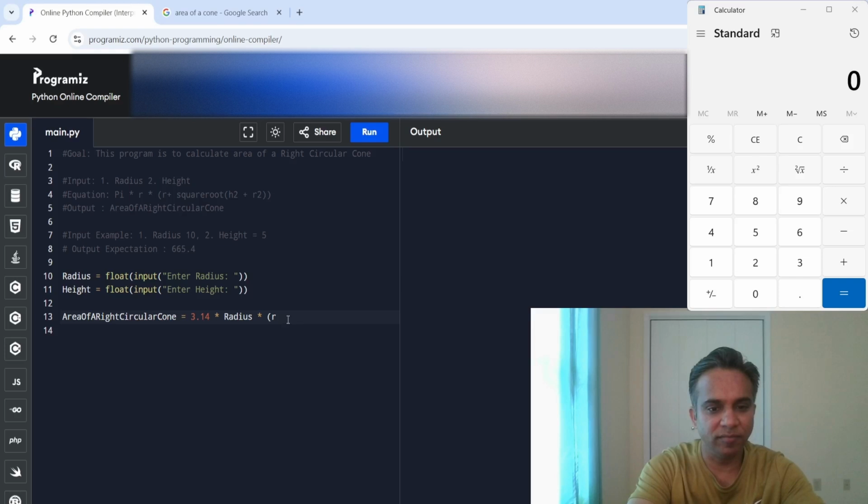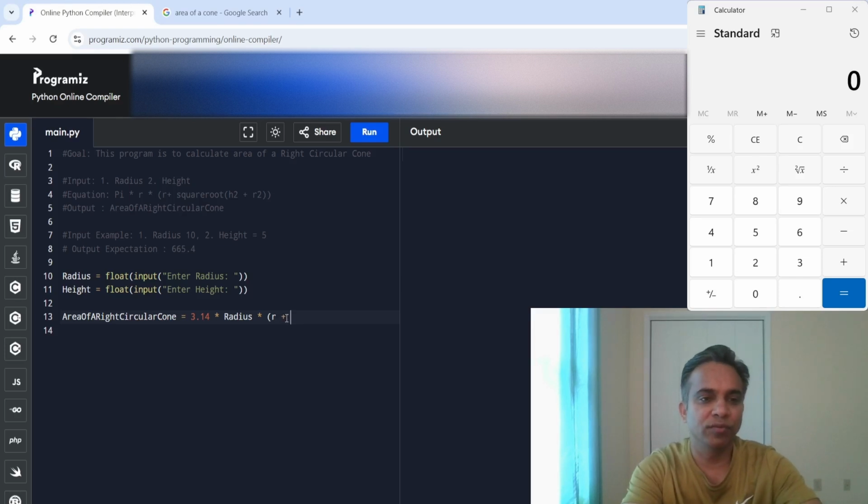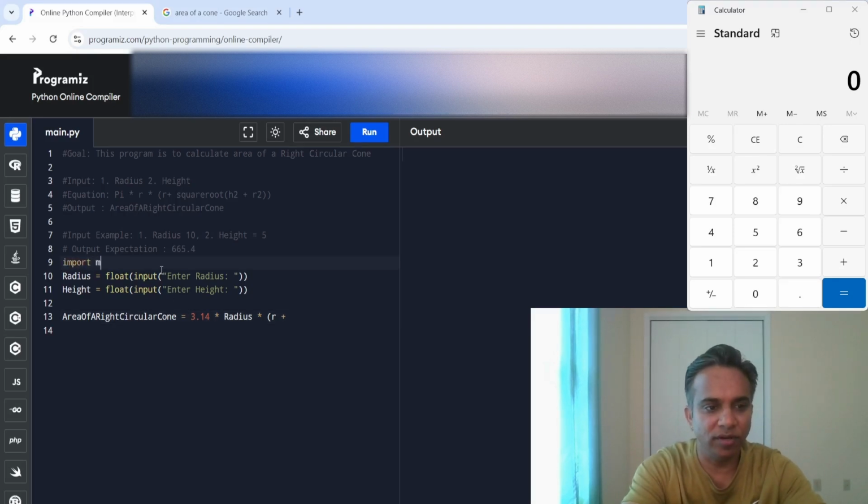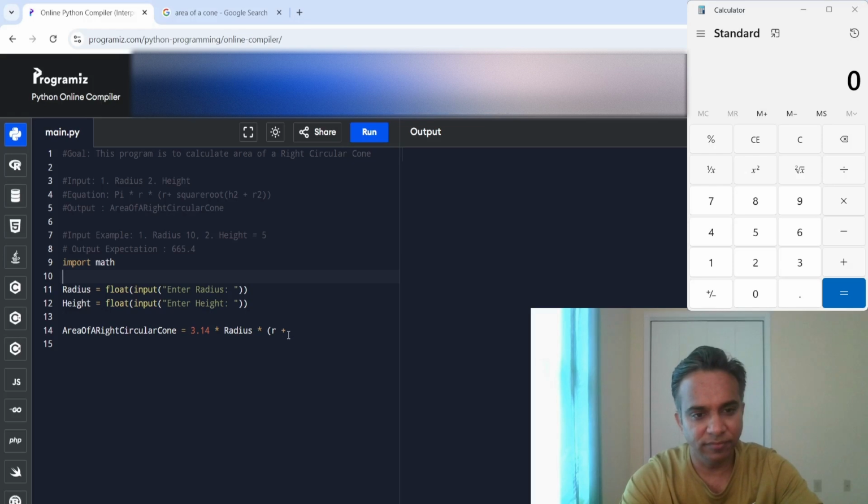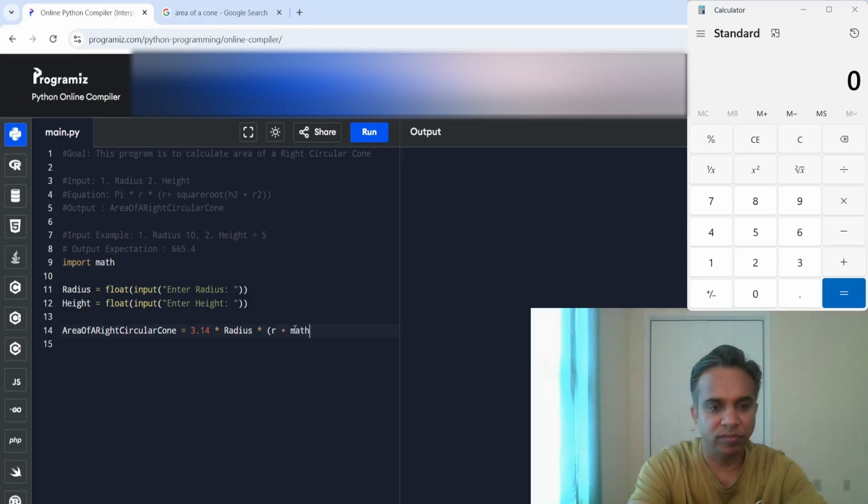that is r, plus we have to get the square root, and for that we have learned that we have to do import math. We have to use math.sqrt of what? Of h square plus r square. So where is h square? H square is height and we want to get the square.